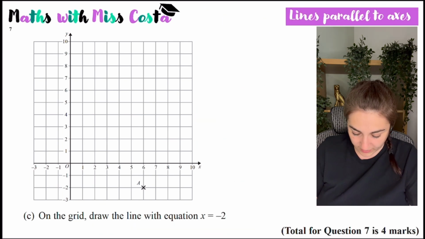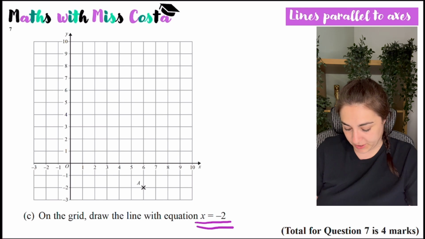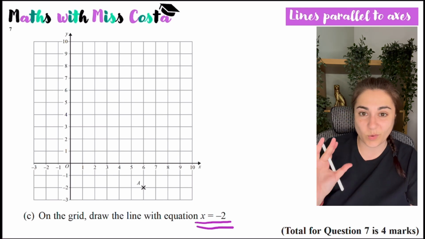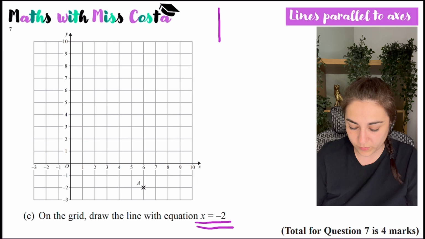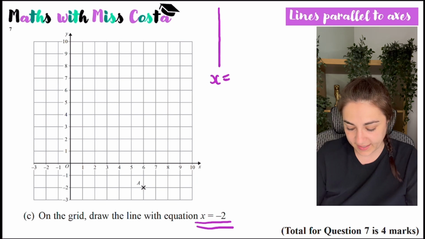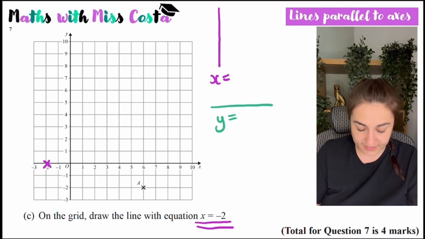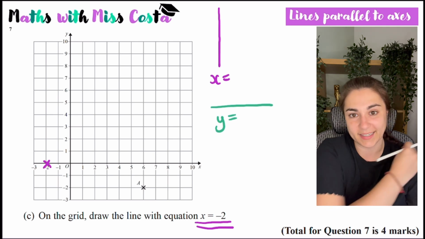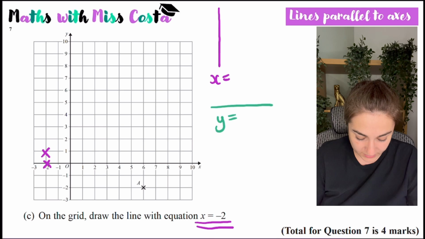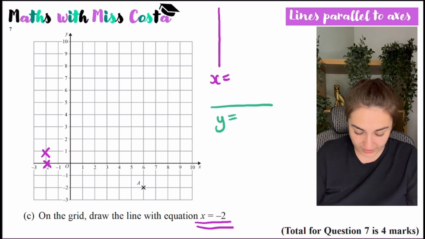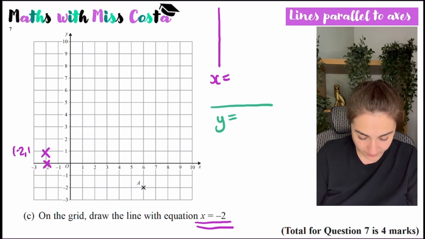On the grid, draw the line with equation x equals 2. Okay, so generally the quick little shortcut method is that all of your vertical lines like this are going to be x equals, and all of your horizontal lines like this are going to be y equals. The reason for that is because if I look at where x is minus 2, along the x-axis, this coordinate here would be minus 2, 1.